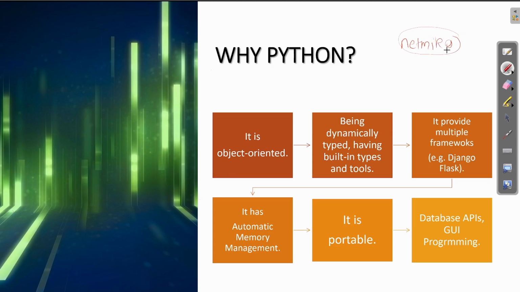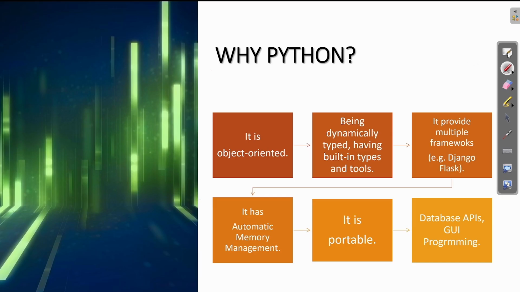Using this Netmiko module or the Paramiko module, you can do the automation of networking devices, like routers and switches. Based on our requirement, we are going to choose which module we need. Then we can create the database APIs.